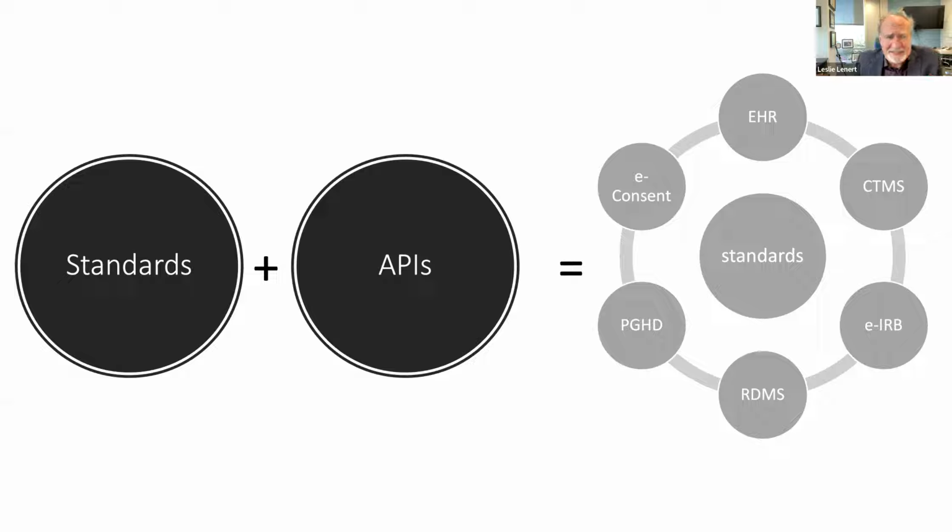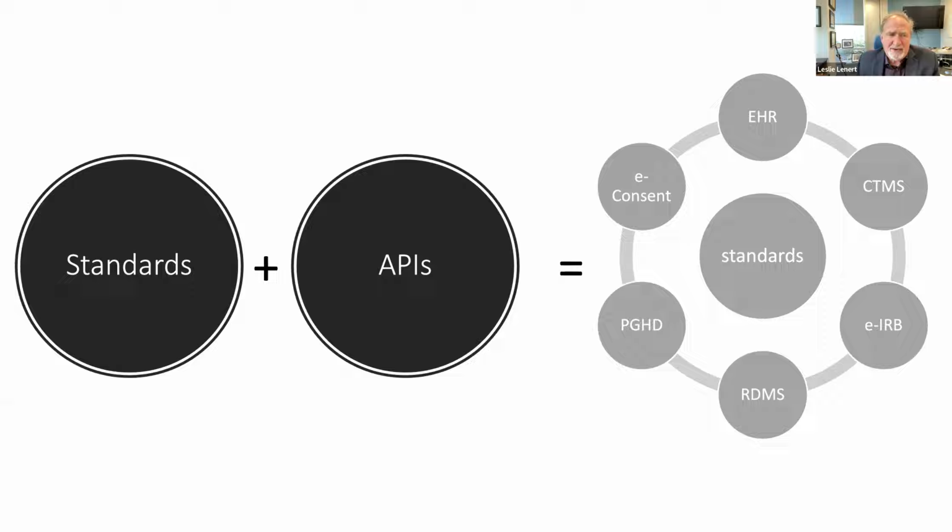And the question is whether it's standards or APIs that make a difference. Sometimes people have argued that APIs can be a replacement for standards. It's really my view, and the view I'll advocate for in this talk, that it's the combination of standards and APIs that gets us to the goal we are looking to achieve.